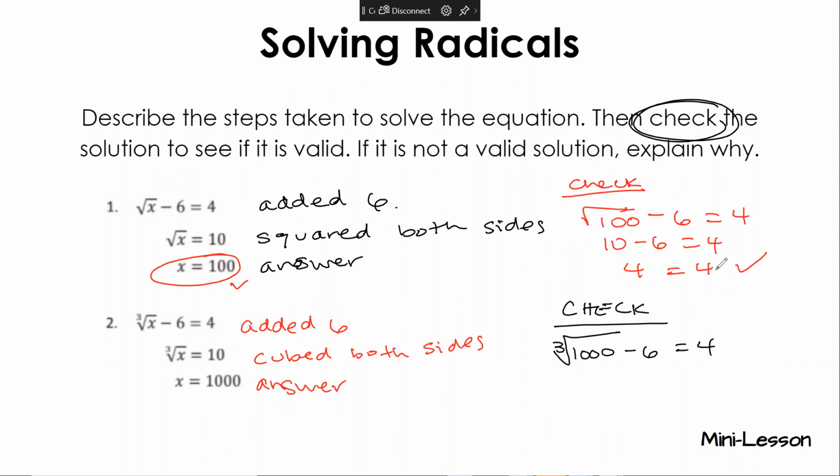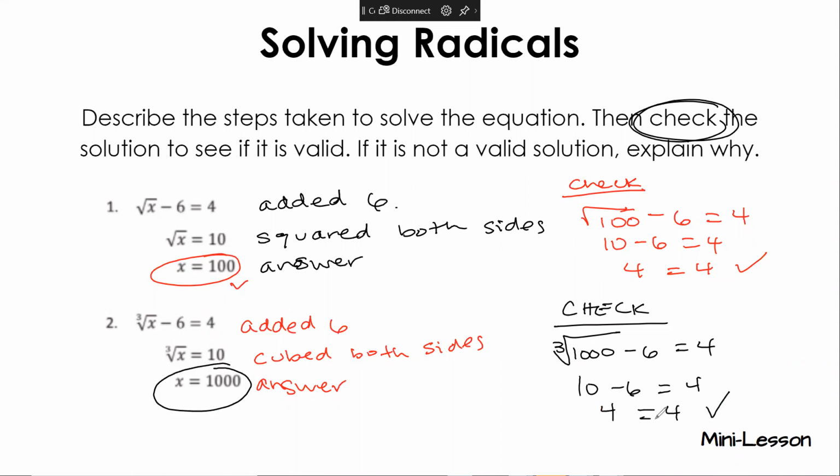Now, what's the cubic root of 1,000? 10. Okay, and if you're not sure with that kind of stuff, you can plug it into Desmos and it will do it for you. 10 minus 6 is what? 4. Is 4 equal to 4? Yes. So this is our answer.